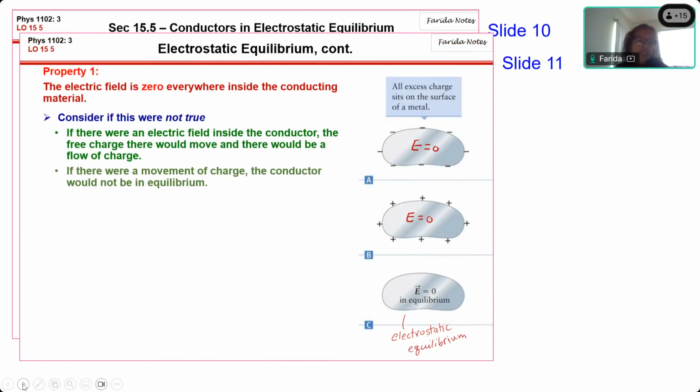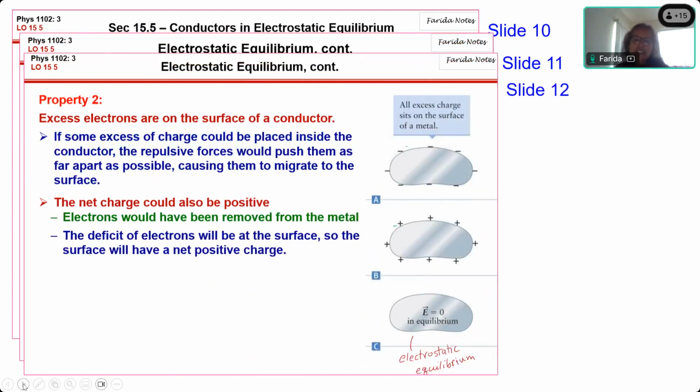One of the properties, this is from a textbook that we use. Property 1, they called it, is that the electric field is 0 inside a conductor. Fine. And property 2, this is the question that I asked. And here's one little sentence about why the charges will all go to the surface of the conductor.